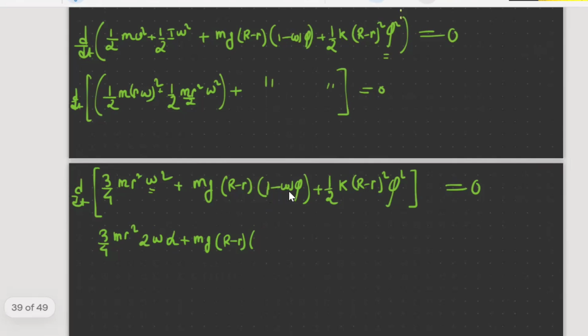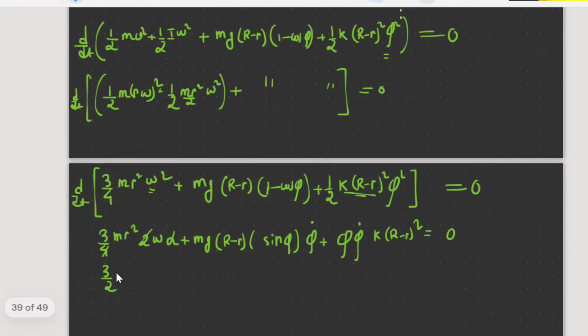So the differentiation of cos phi is going to be minus sin phi into phi dot, plus phi square. Other terms are constant terms. So phi square differentiation is 2 phi dot. 2 will cancel out. So ultimately phi dot into k (R minus r) square, that is 0.